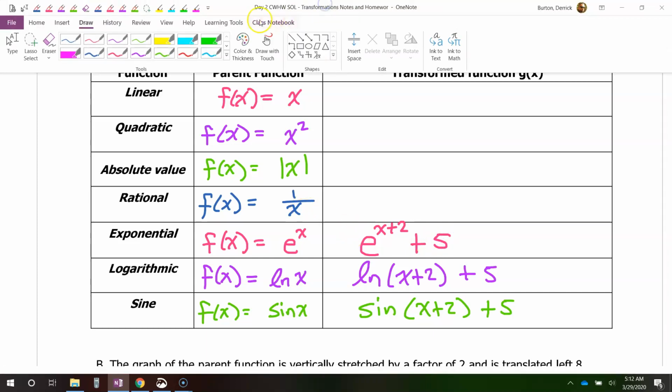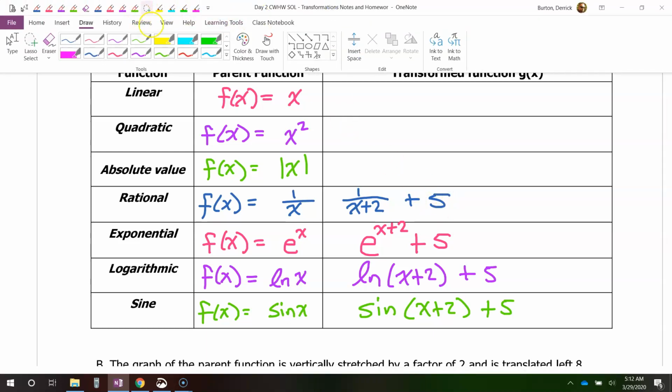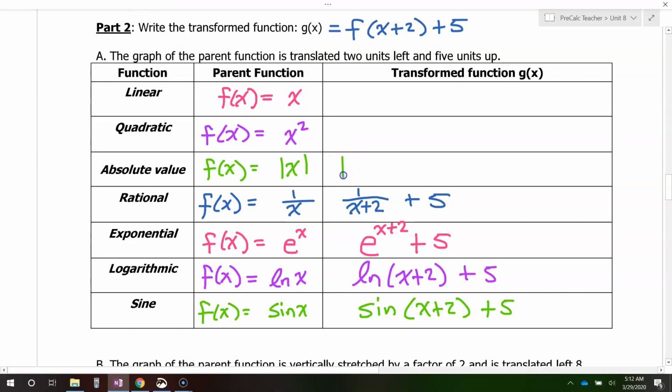How about the rational function 1 over x? Again, look where the x is. It's in the denominator. That's why in the transformed function, we will have x plus 2 in that denominator. And then we'll have our plus 5 off to the side as always. The absolute value function is pretty obvious. It'll become the absolute value of x plus 2, with a plus 5 on the outside.